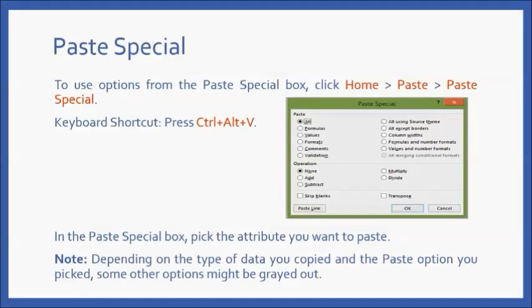Then we have operations such as None, Add, Subtract, and you just click OK. Depending on the type of data you copied and the paste option you picked, some other options might be grayed out. This is the Paste Special box, and we have different options for Paste and Operation. And then we have the OK and Cancel buttons.